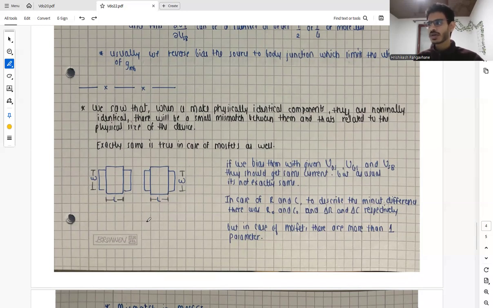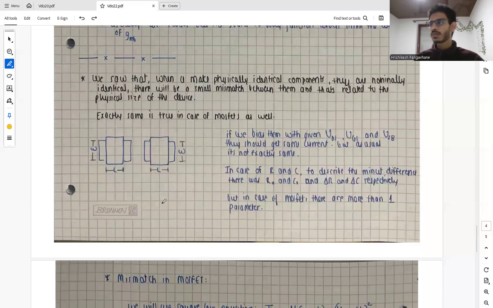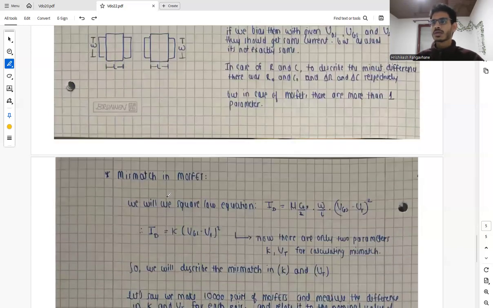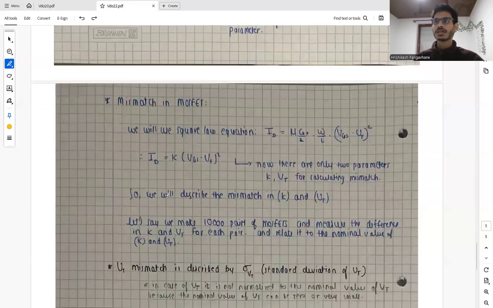But in the case of a MOSFET, there is more than one parameter to describe the minute difference. So we'll talk about the mismatch in MOSFETs, and we will use the square law equation, which represents ID in the saturation region.